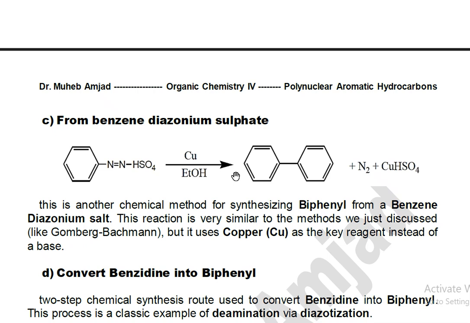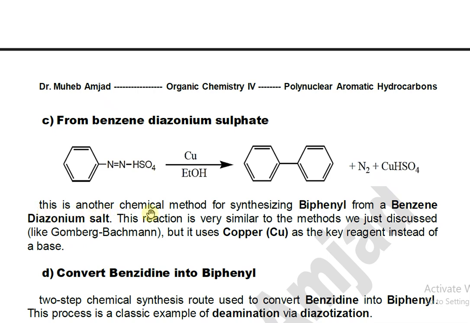The third reaction here to prepare this type of compound is from benzene diazonium sulfate, but with the Cu metal here, with the copper metal. We use the copper metal here.